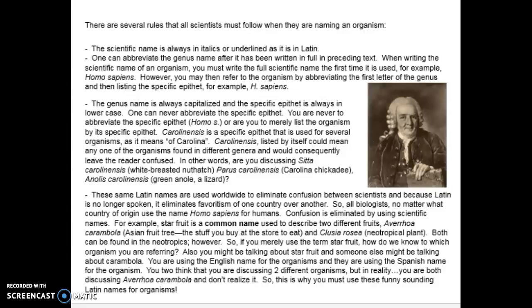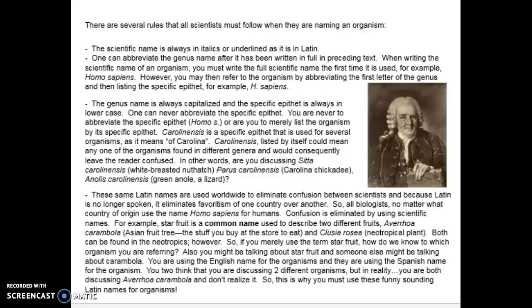Again, keep in mind, the name is in italics or underlined because it's based in Latin. You have the genus name, and then you have the species name or specific epithet. Carl Linnaeus is one of the founders of the scientific naming system, so we call it the Linnaean system. We're still using a lot of his original work in creating the names.